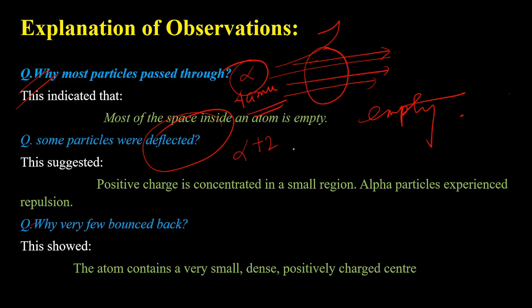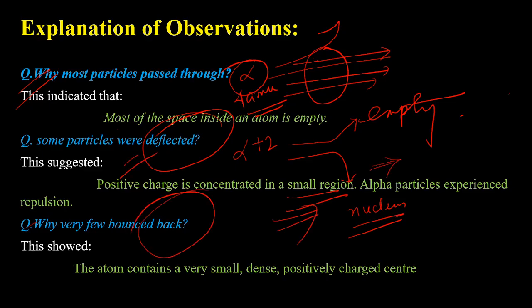So when an alpha particle gets deflected, that means there is a positive charge center inside an atom. That means all the positive charge of an atom is centered in a small region. Rutherford named that positively charged region as the nucleus.